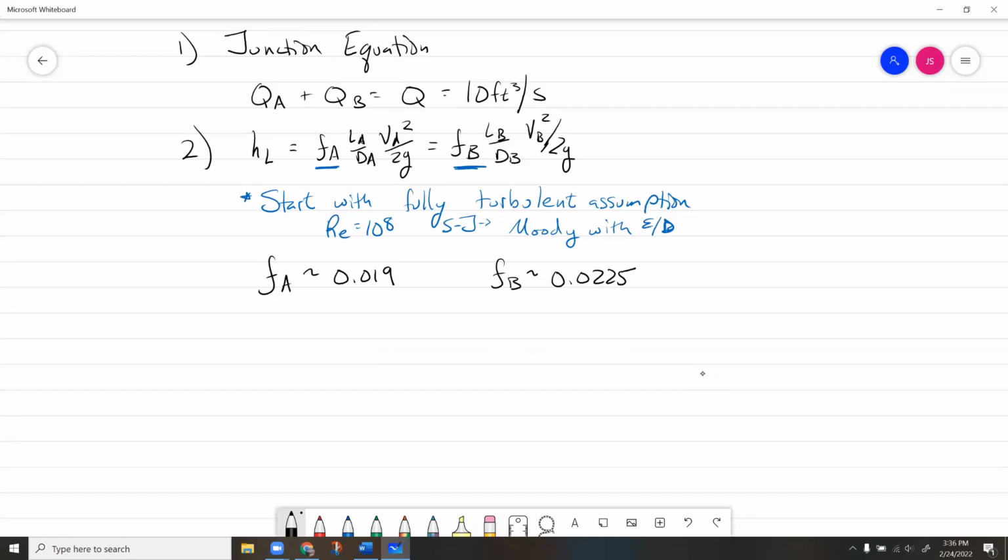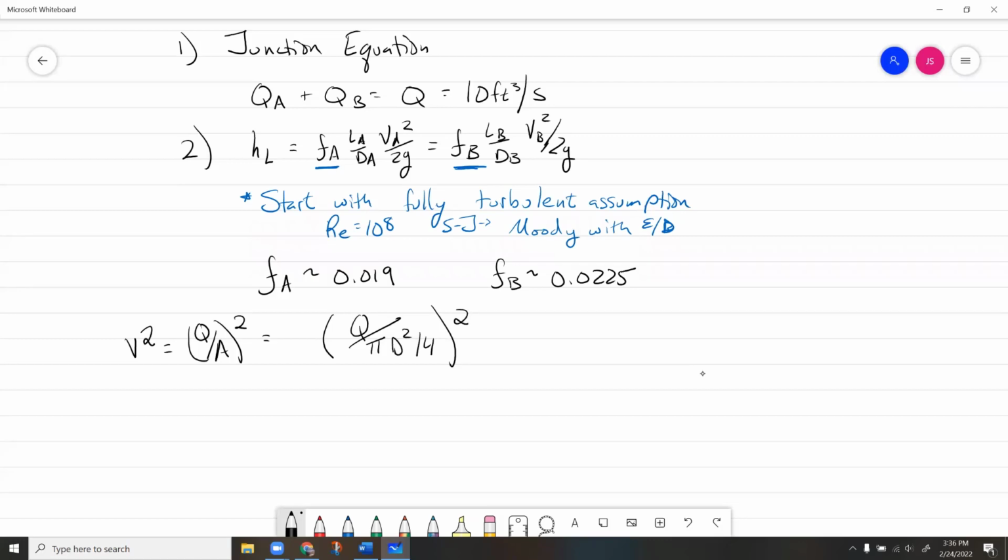So we'll put QA in for the velocity of A, and QB in for the velocity of B. We'll note that velocity squared is equal to Q over A squared, and the area is equal to pi d squared over 4.